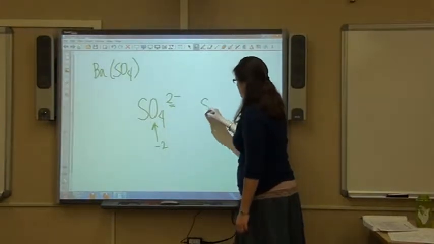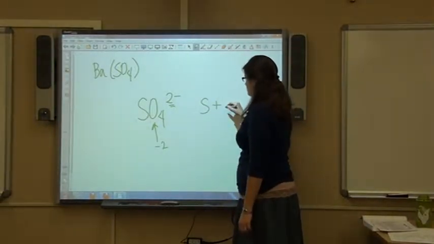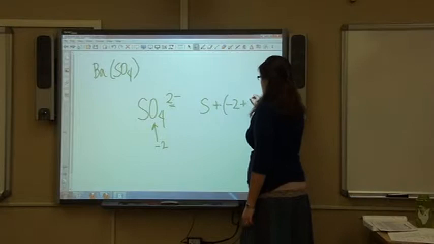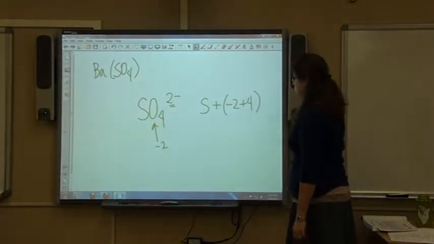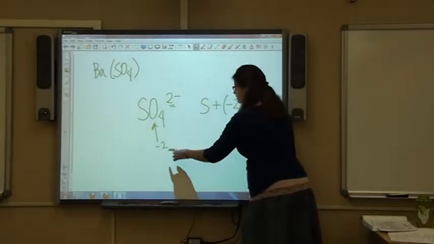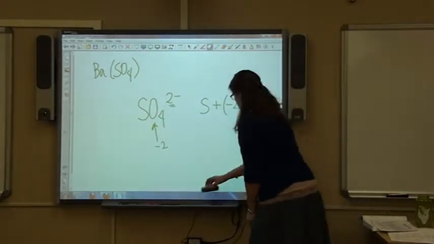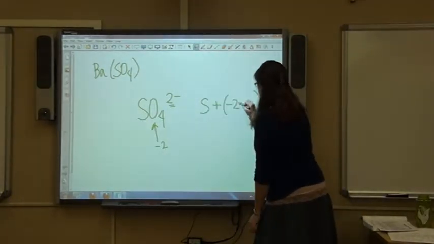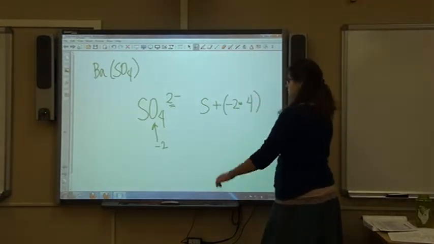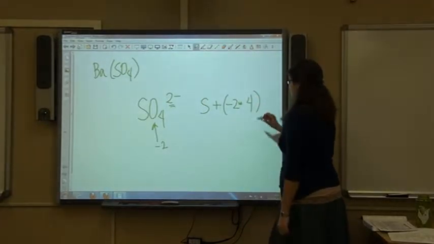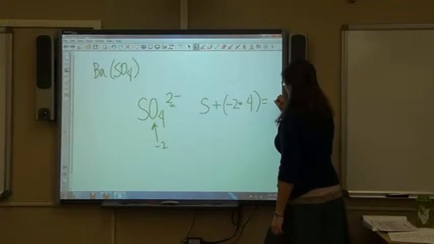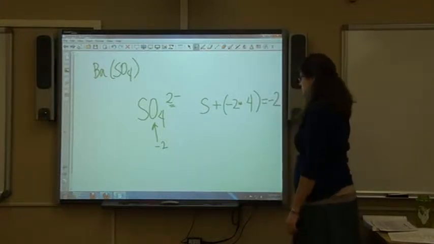So you have 1 sulfur, and when you add that to -2, that's the charge on the oxygen, times 4, because there are 4 of those oxygens, that needs to add up to a total charge of -2.